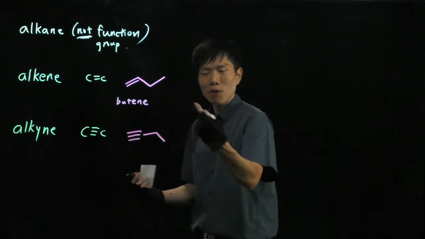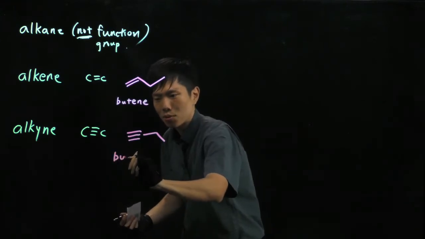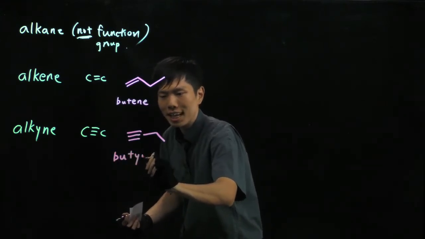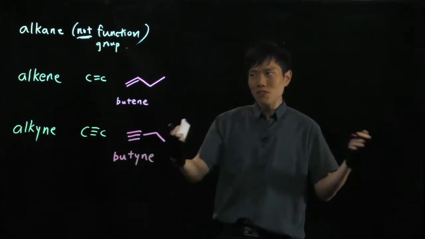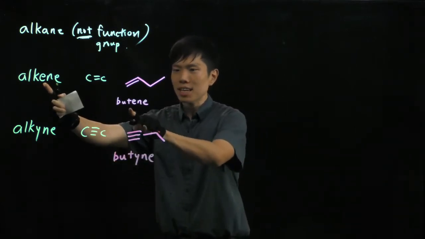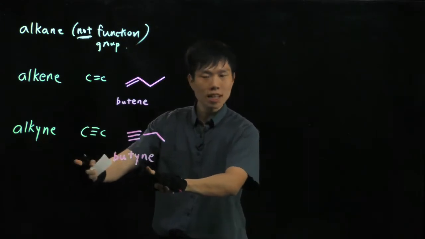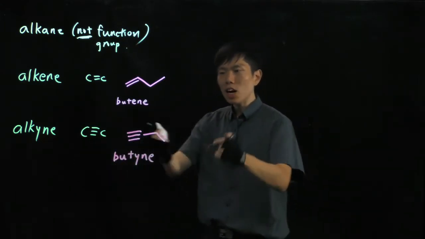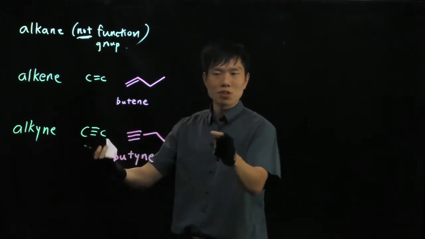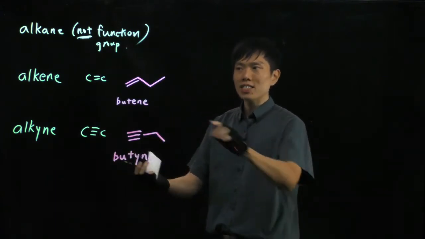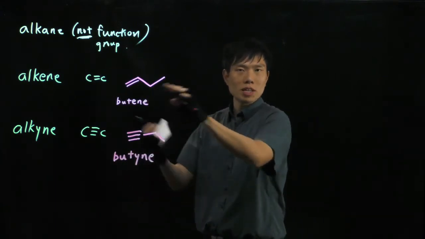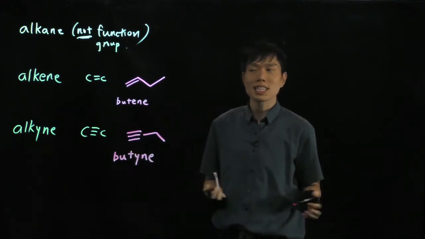So in total, again, 4 carbon, butyne. Do you see? The suffixes are always similar. Alkyne ends with yne, butyne, 4 carbon. Later on, I will be telling you more about where to put the numbers because if you have realized, this double bond could be in the middle or by the side. There are some subtle differences in the naming.